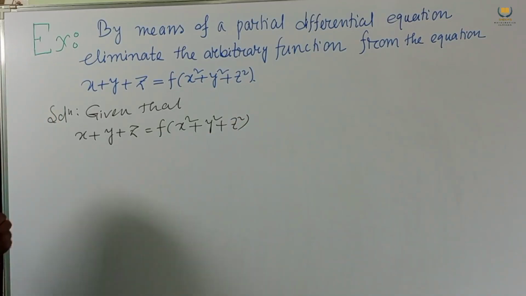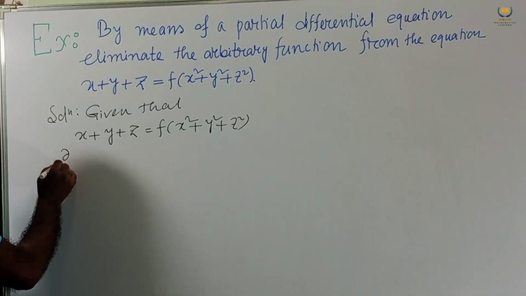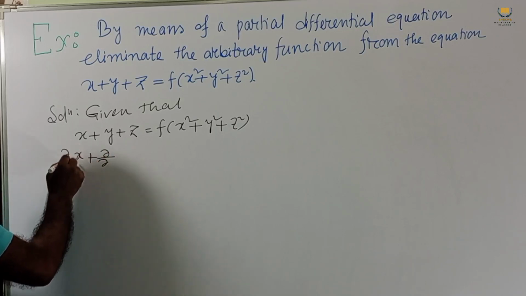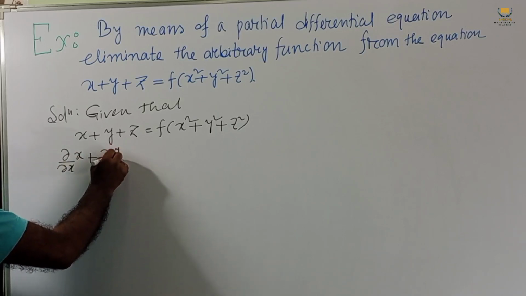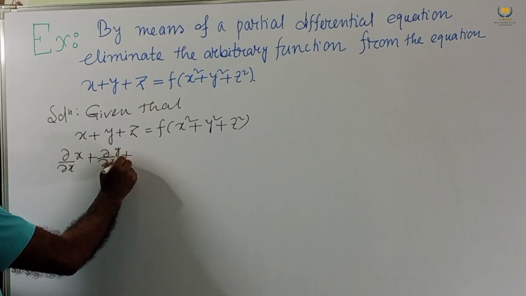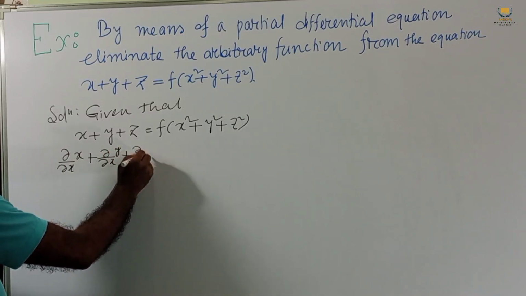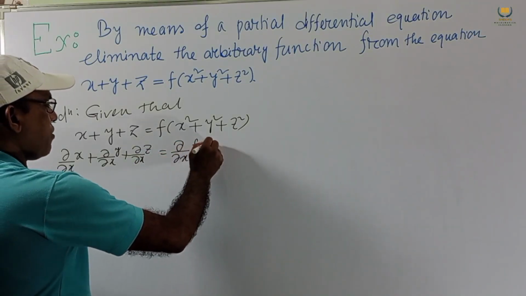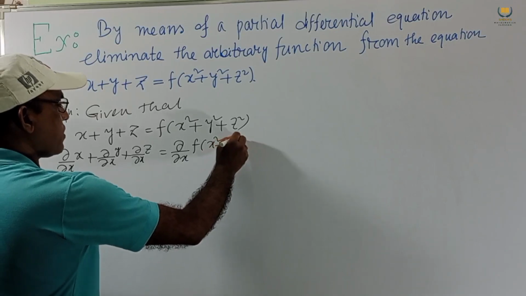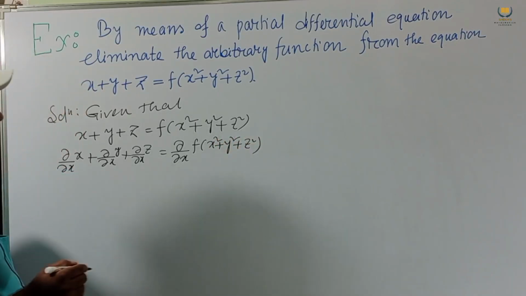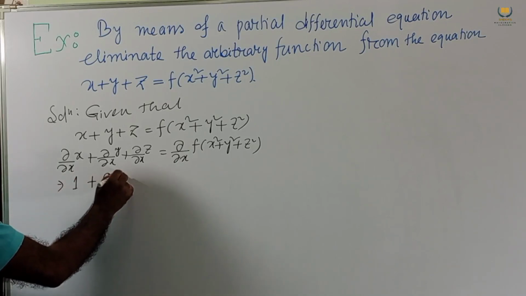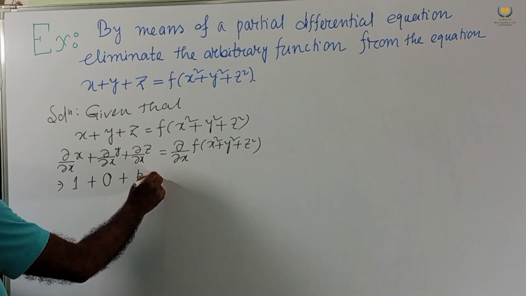First, we differentiate both sides with respect to x: del x of x, del x of y, del x of z, and del x of f of x square plus y square plus z square. So del x of x is 1, del x of y is 0, and del z by del x is p.